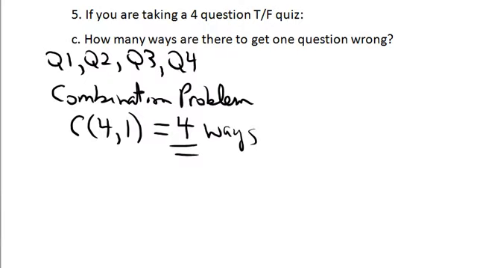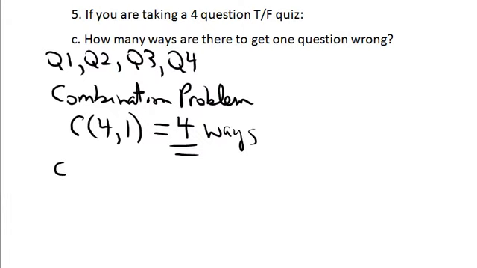Remember, you can do this on the calculator if you absolutely have to. You have a factorial button, which is shift 3. You have a combination button, which is shift 2, and you have a permutation button, which is shift 1.